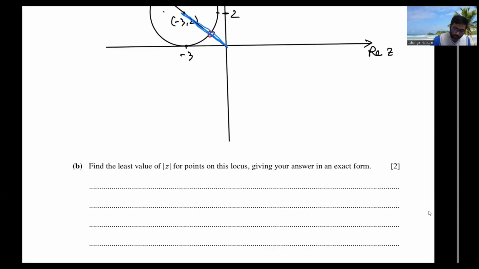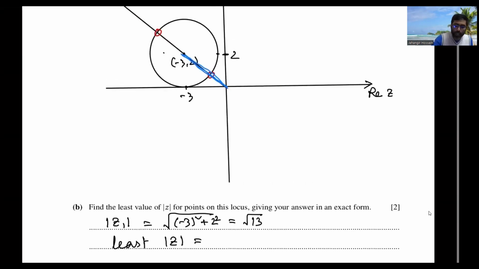So let's find the modulus of Z1, which is root over minus 3 square plus 3 square, that's root 13. So the least modulus of Z will be root 13, and you see this is the radius of the circle, and that radius is equal to 2.